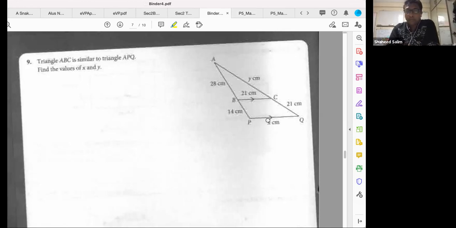Down here is 31.5, right? But why? Same also.